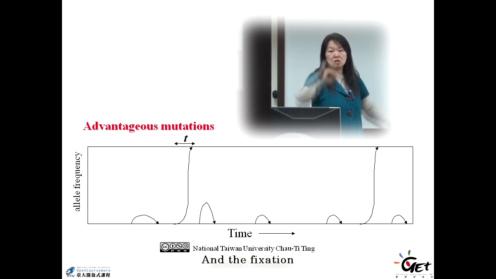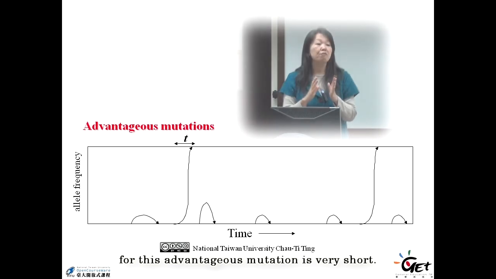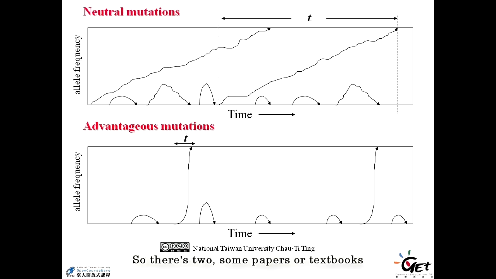That's the fixation, and the fixation time for this advantageous mutation is very, very short. Some papers or textbooks will put the two together, but the message is very similar, to contrast the differences in fixation time between the neutral allele and the advantageous alleles.